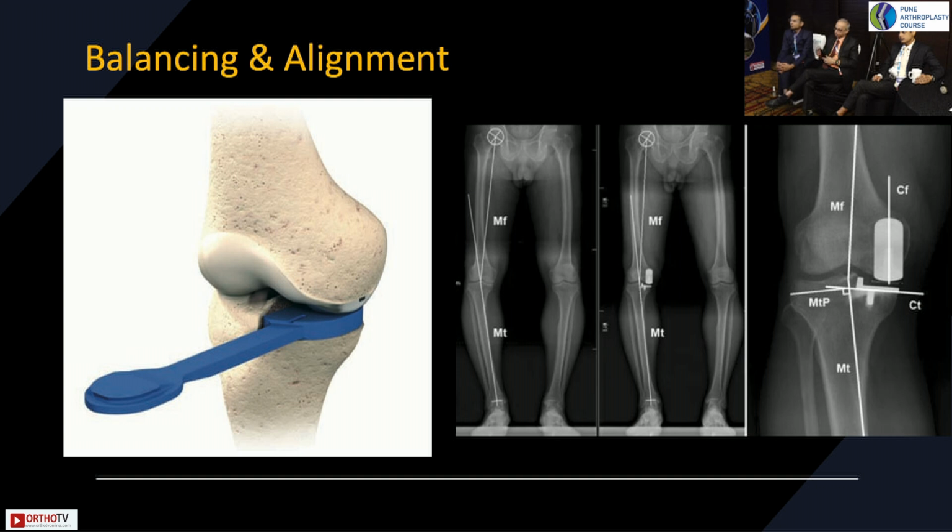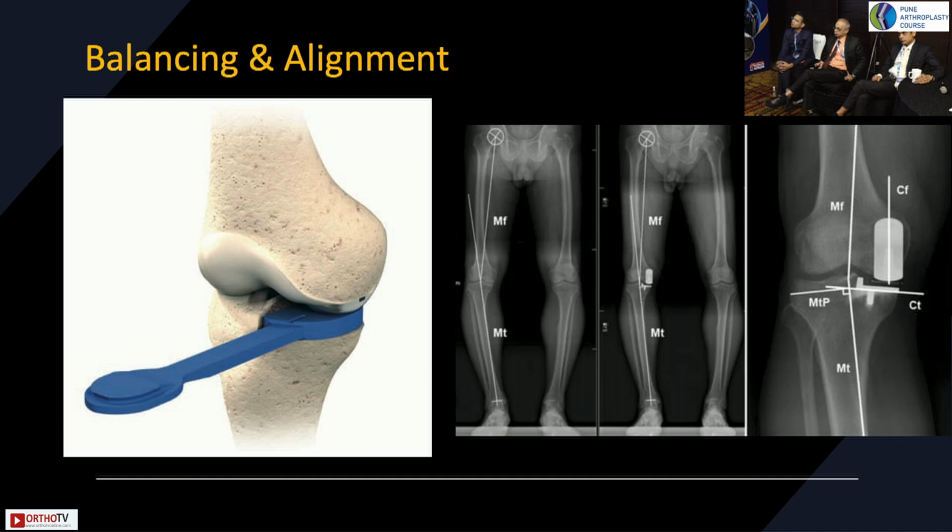Very, very important point. When you start off with mobile bearing, all that is playing in your mind is I don't want my poly to dislocate. So the normal tension, when it goes in, you still feel this is loose. And what we tend to do is start putting in thicker polys. In a total knee, if you put in a thicker poly, from a 9 to 11 or a 10 to 12, and look at the knee from the side, what you develop is FFD.